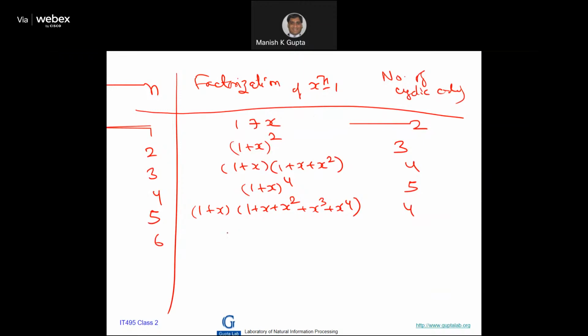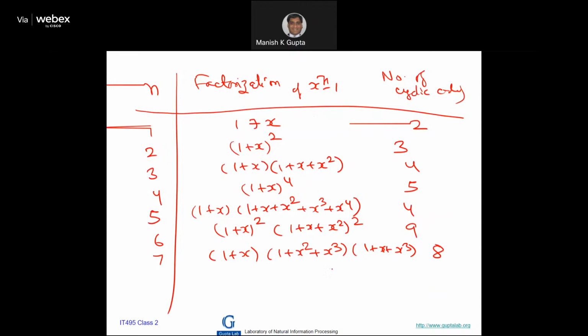N is equal to 6. 1 plus x whole square, 1 plus x square whole square. There are 9 possibilities. N is equal to 7 is an interesting case. 1 plus x square plus x cube, 1 plus x cube. And there are 8 total codes.